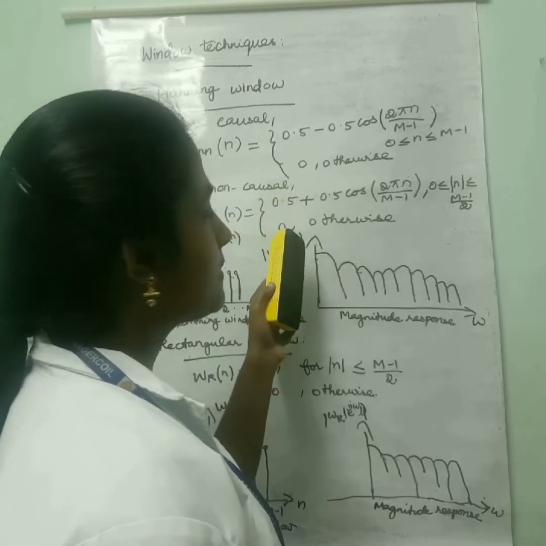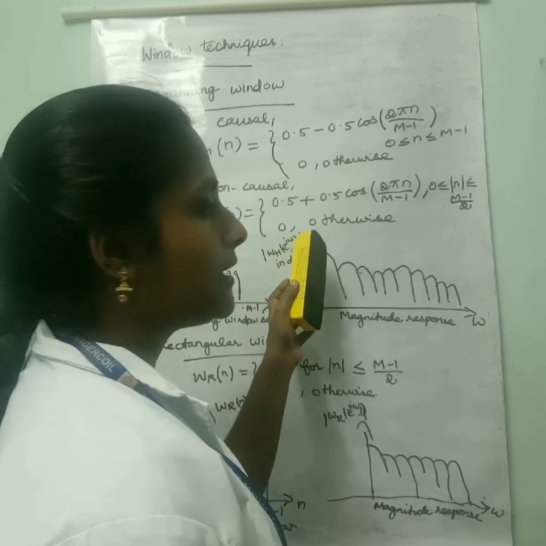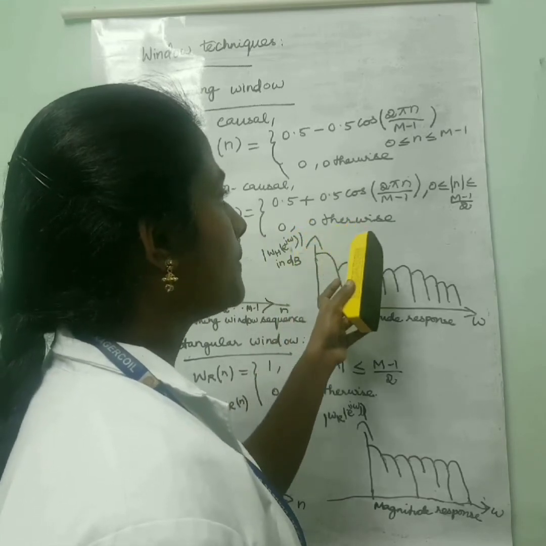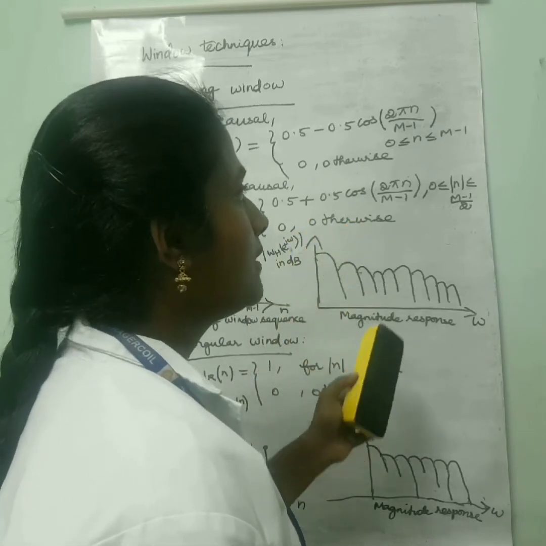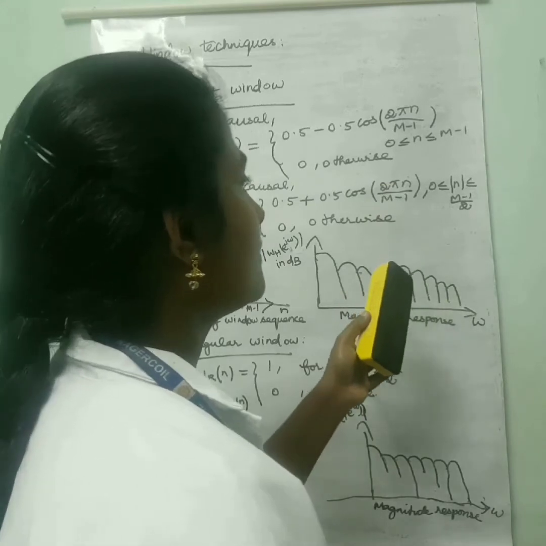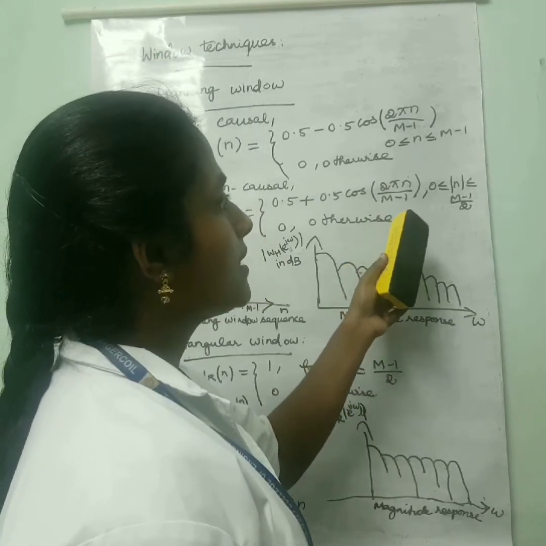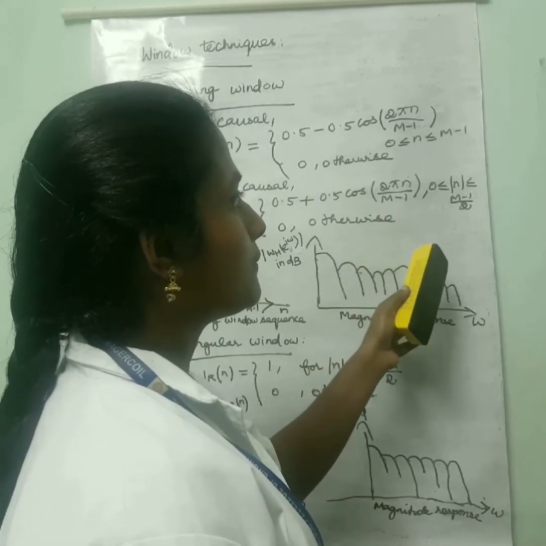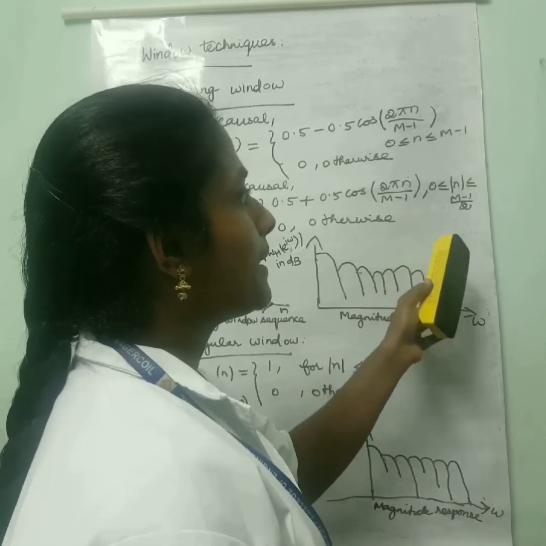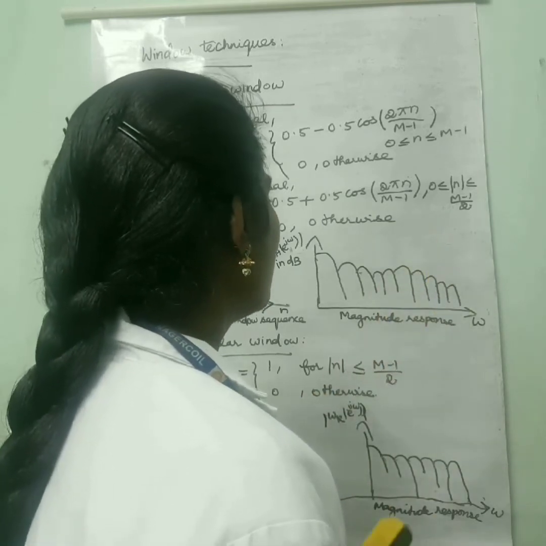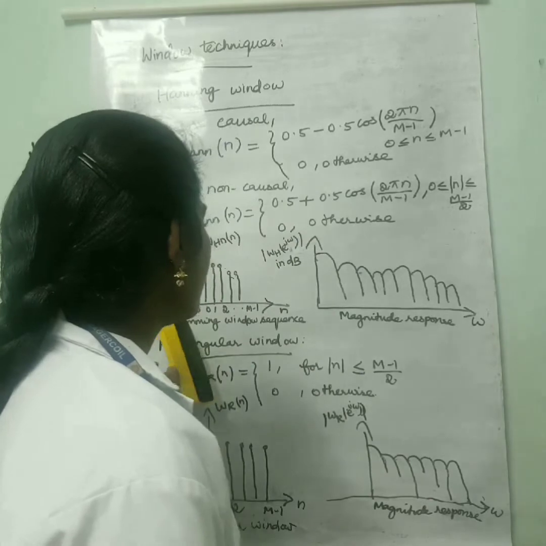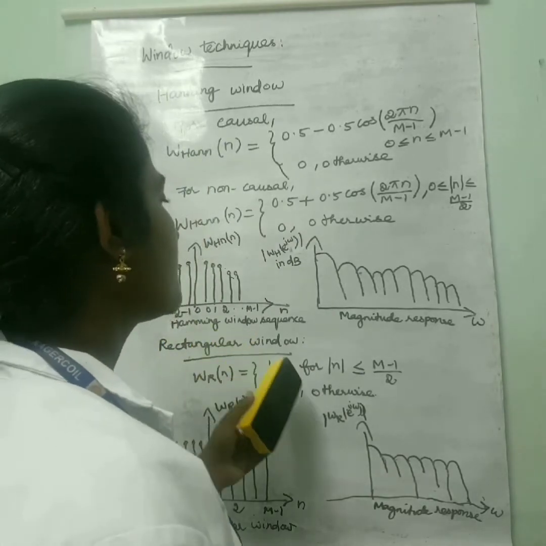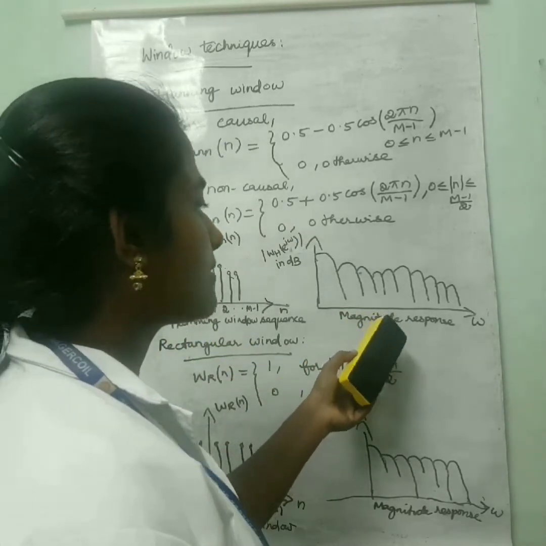Here we have plus, so that is 0.5 plus 0.5 cos(2 pi n divided by M minus 1). Same limit also here, we will get 0 less than or equal to modulus of n less than or equal to (M minus 1) divided by 2. And this is the graph, that is the Hanning window sequence. This is the magnitude response.